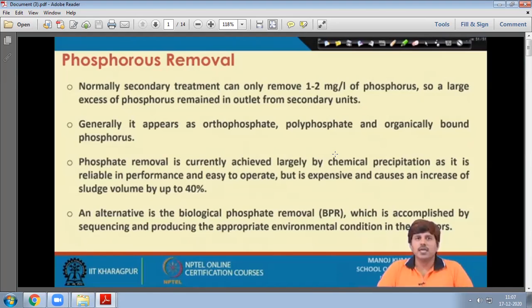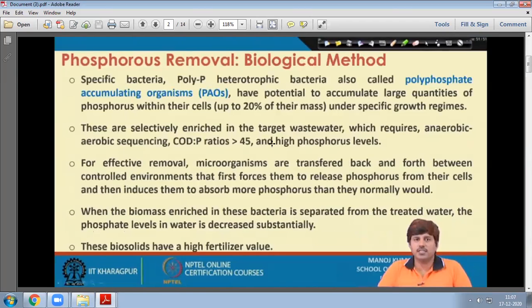There are two methods, precipitation methods, that you have to study. See here, first thing, one specific bacteria exists, heterotrophic bacteria.